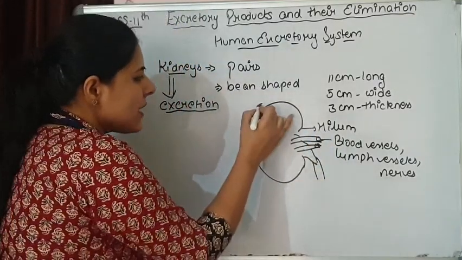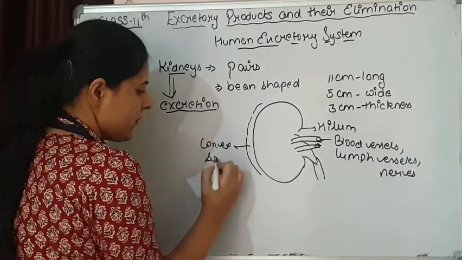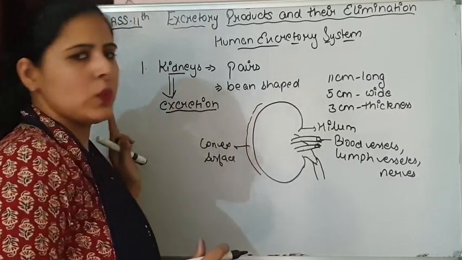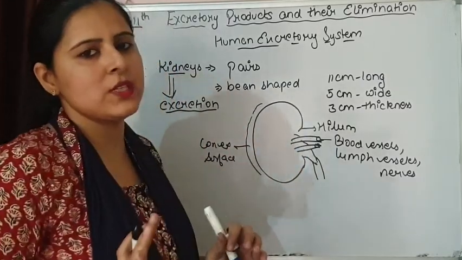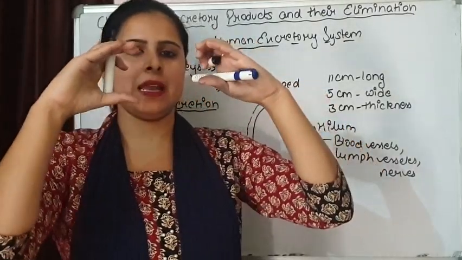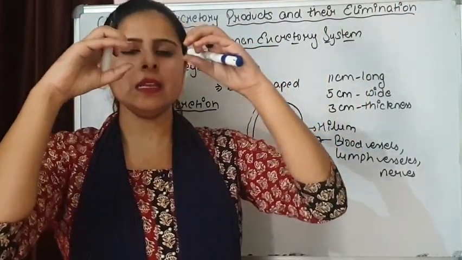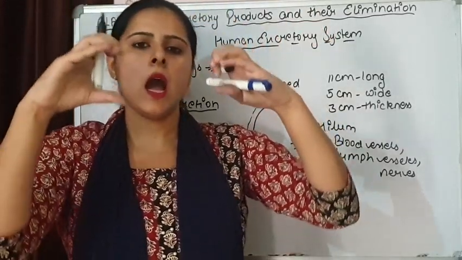Now this surface is the convex surface of the kidney, and this convex surface is always oriented towards the outside, and the concave surface is always towards the inner side. So the two kidneys are present like this, left and right, with the concave side towards the inside and the convex side towards the outside.